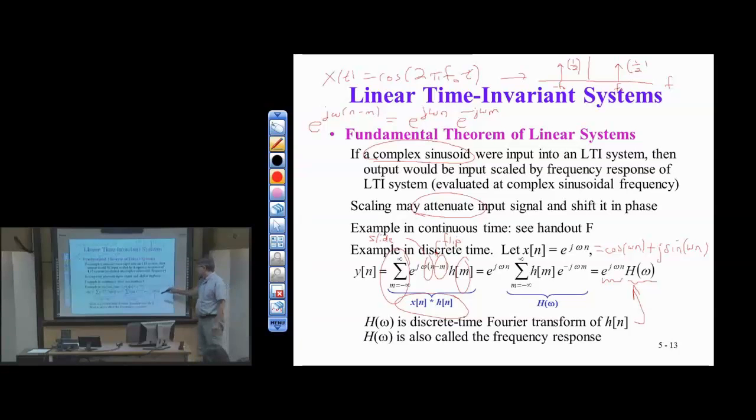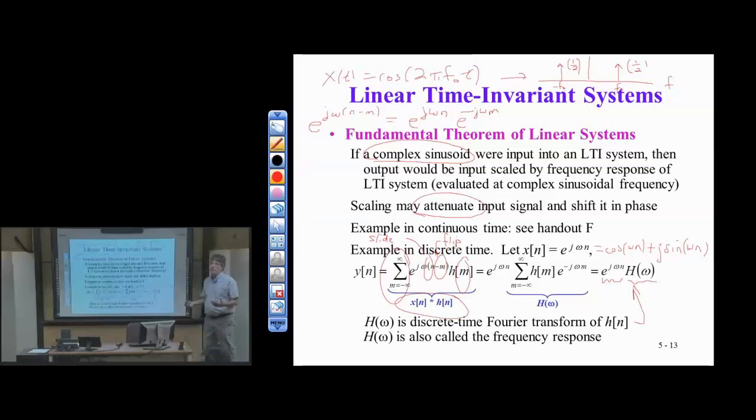This is the mathematical description here. But again, if a complex sinusoid were input into an LTI system, then the output would be the input scaled by the frequency response of the LTI system. True both in continuous time and discrete time.